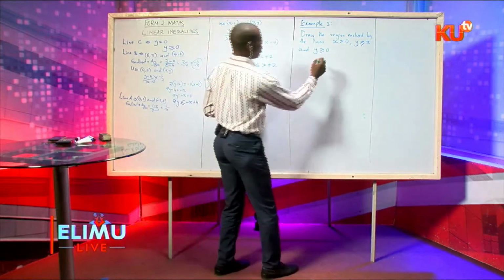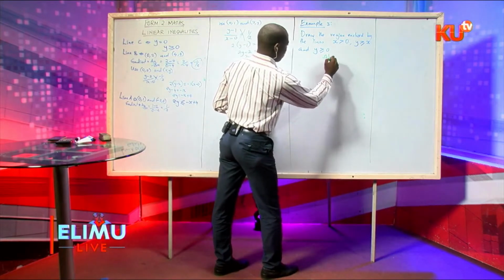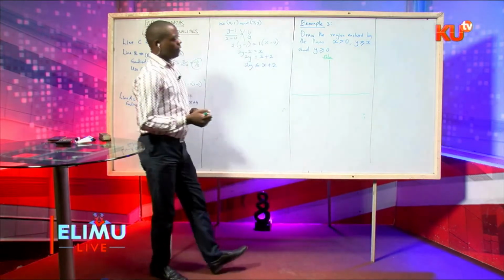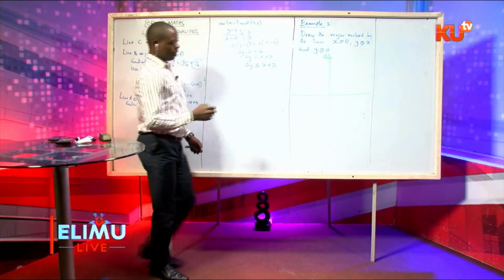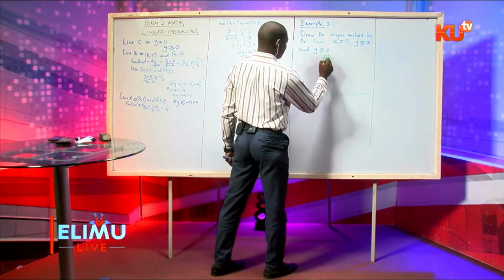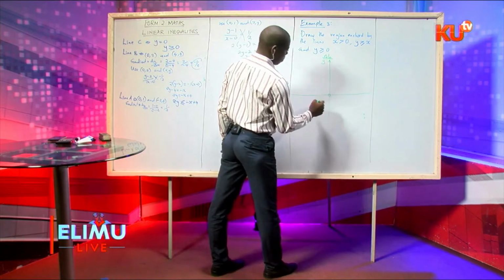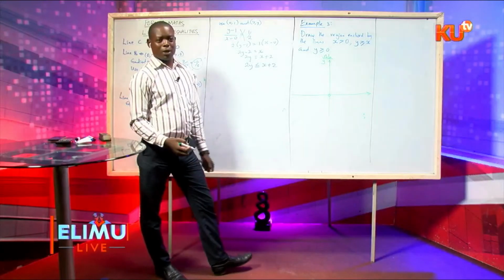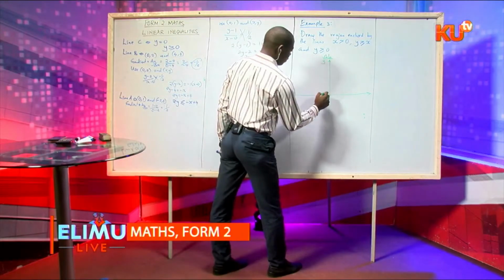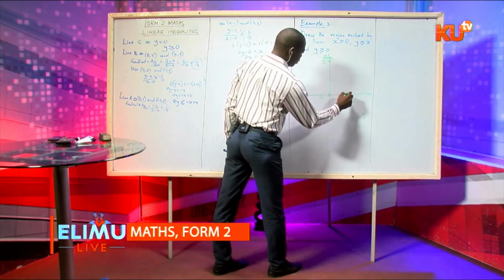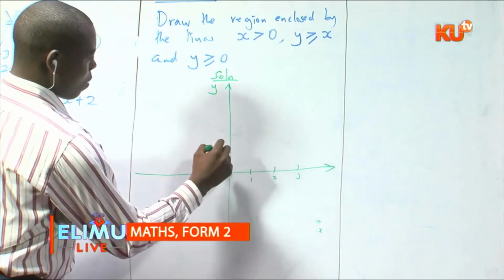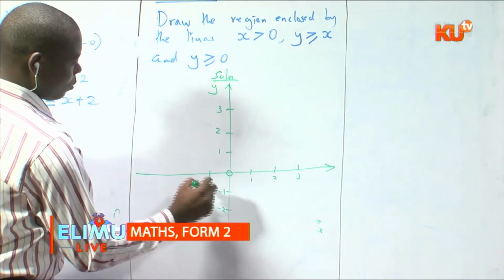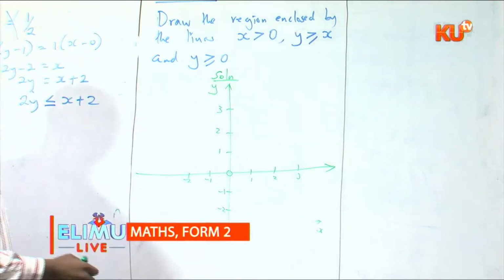When you draw this, what you need to know is these are general straight lines. We have the line x greater than 0. That is now on the y-axis. And this is 0. This is the x-axis. If this side is -1, this is 1, 2, 3. -1, -2.